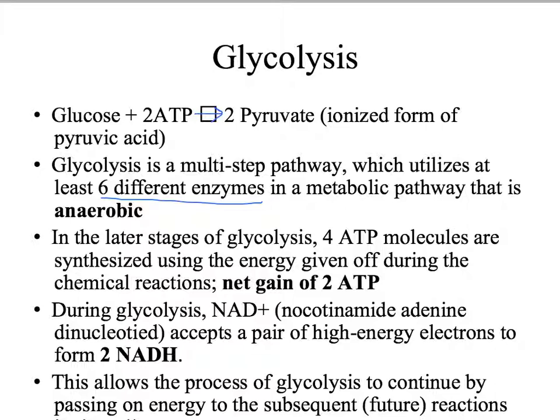It is anaerobic in the sense of without air, so it doesn't need air or oxygen. If we go back to the formula for cellular respiration, oxygen is involved, but for the glycolysis portion we do not need it quite yet. So we're just going to start with that sugar.